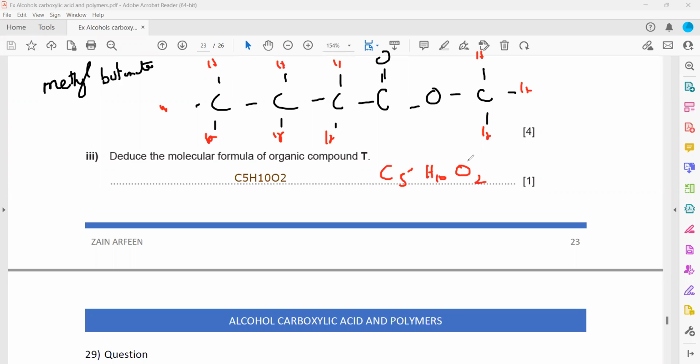Or you can also work it out from the alcohol and carboxylic acid. With the general formula, usually when we have an ester, it is CnH2nO2, where n represents the total number of carbon. Because it is methyl butanoate, the number of hydrogen will be twice that of carbon.